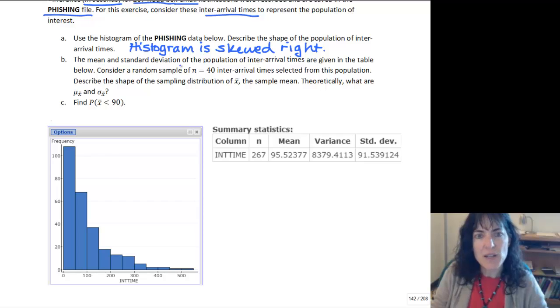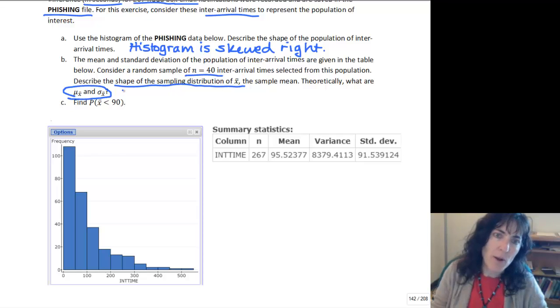Okay, the mean and standard deviation of the population are given in the table below. Consider a random sample of n equals 40 inter-arrival times selected from this population. Describe the shape of the sampling distribution of X bar, the sample mean. And then theoretically, what are these two values?